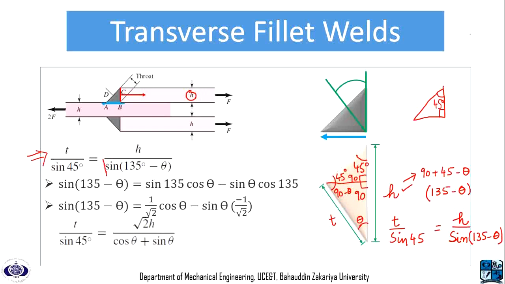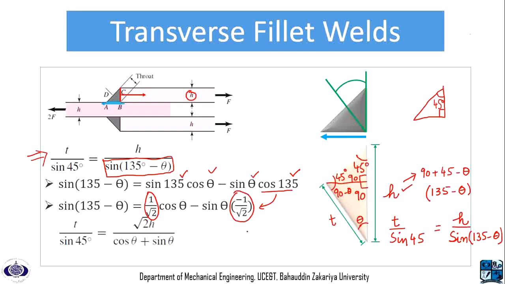Next, we can expand this sine of 135 minus theta by using the formula sine x cos theta minus sine theta cos x. Sine 135 is equal to 1 over square root 2. Similarly, cos 135 becomes minus 1 over square root 2.